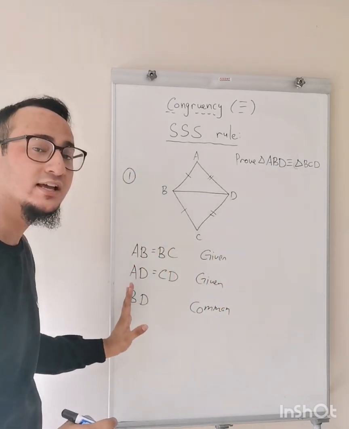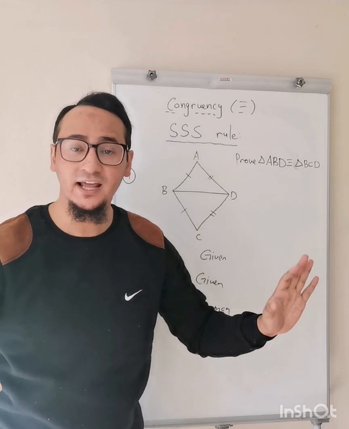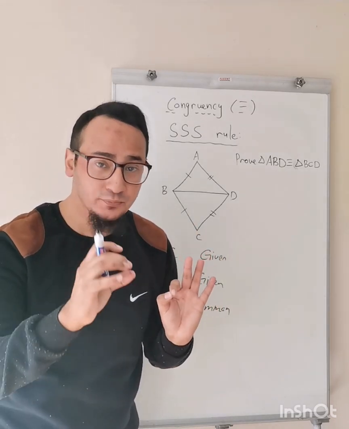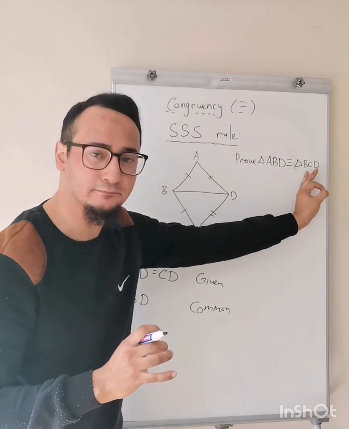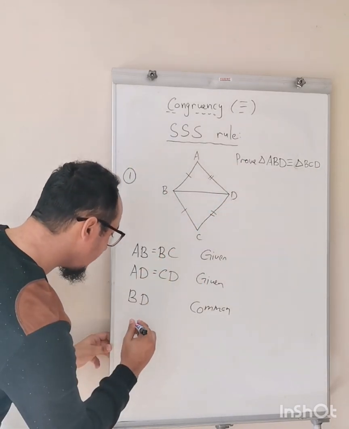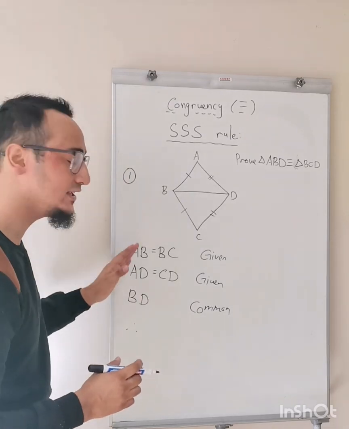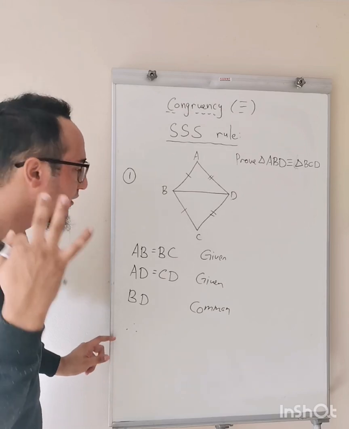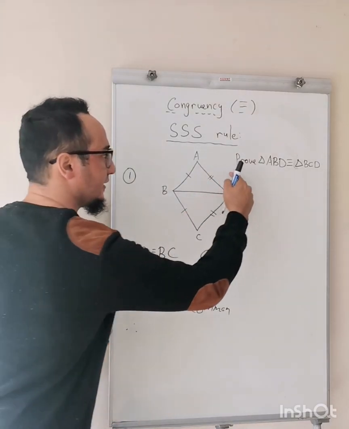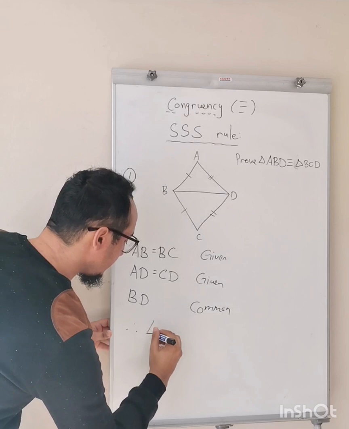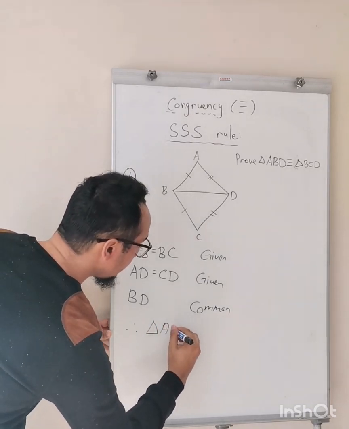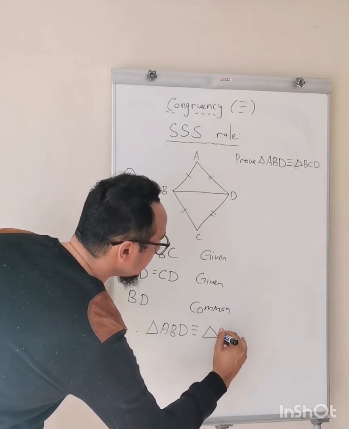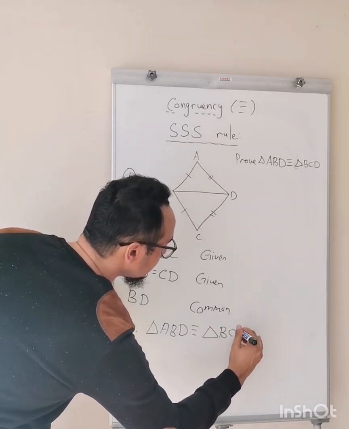So that's three reasons, three statements. Boom, I'm done. I proved that it is congruent to one another. Now, the last point is you need to make a final statement. You need to say, therefore, because I proved that these two triangles are the same, using only three reasons. I say, therefore, triangle ABD is congruent to triangle BCD.